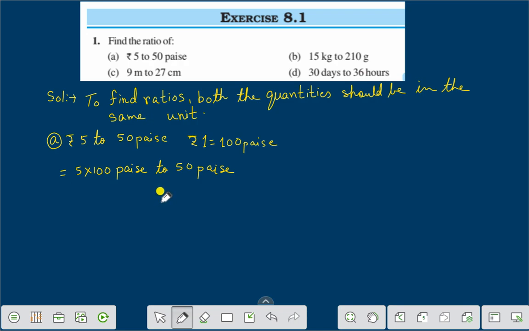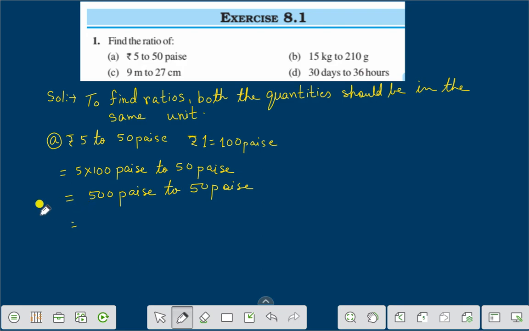Therefore, we can write it as 500 paise to 50 paise.